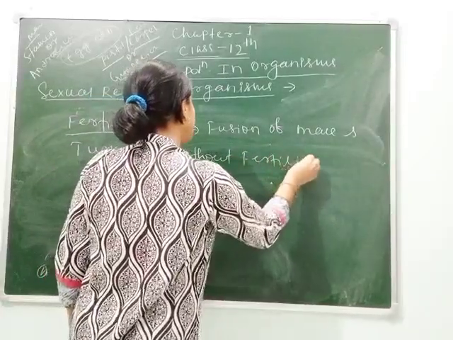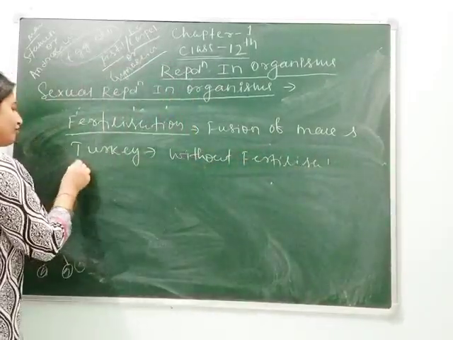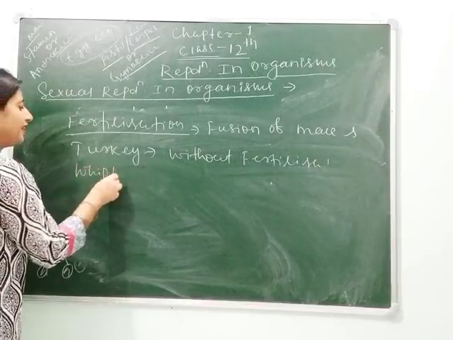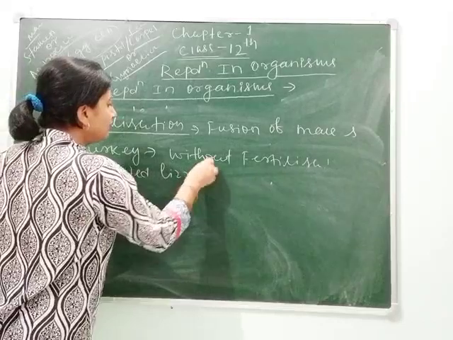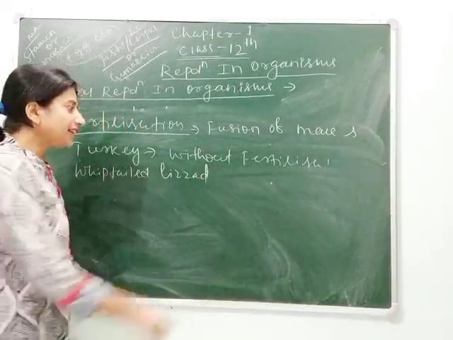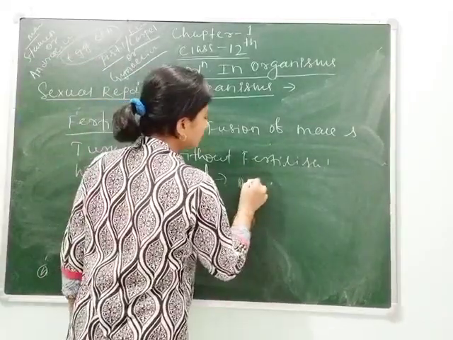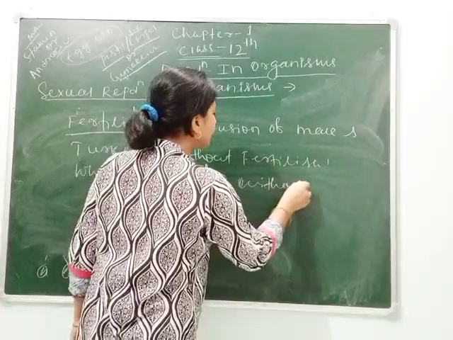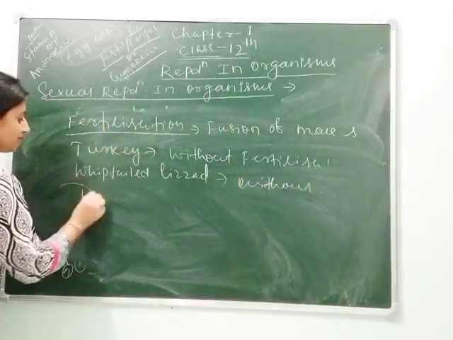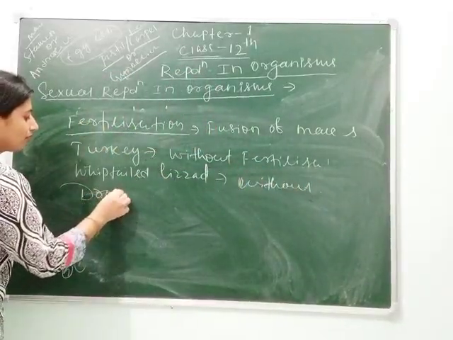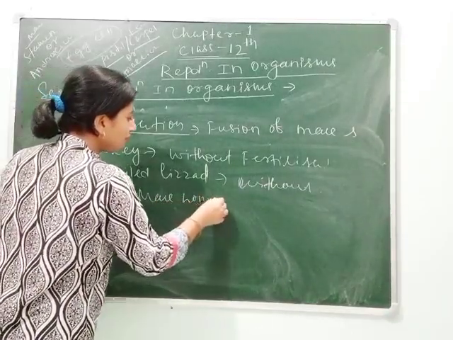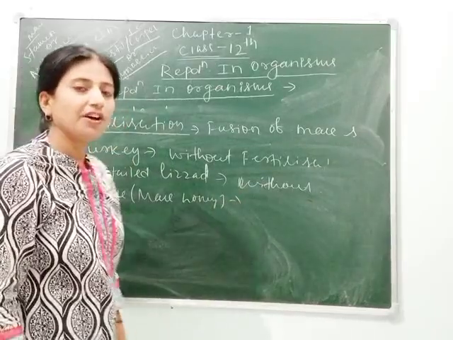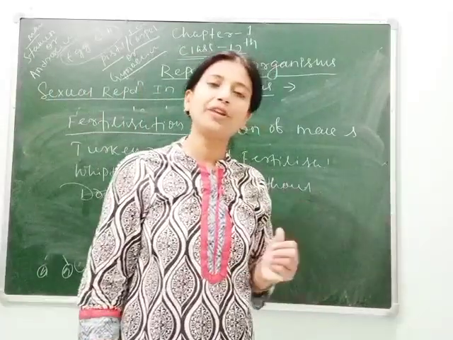Clear? Next is the whip-tailed lizard. This also forms a new organism without fertilization. Again, the drone, which is the male honeybee, is also produced from the unfertilized egg of the female.